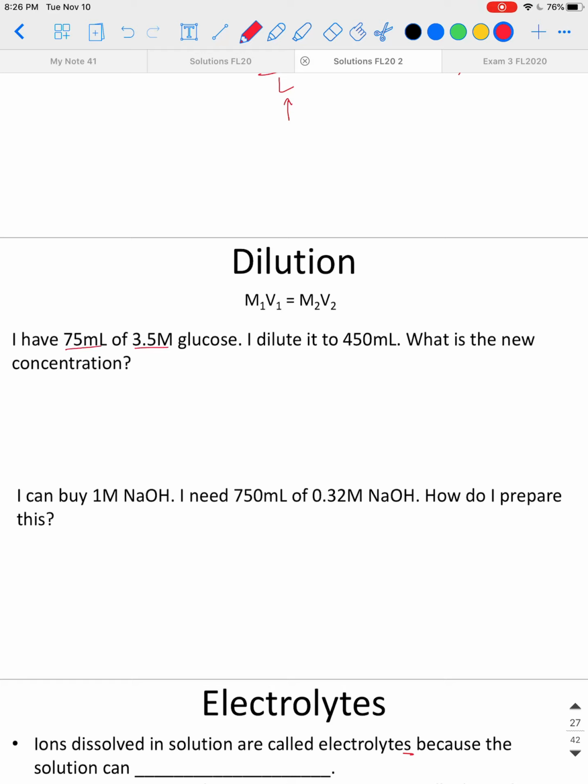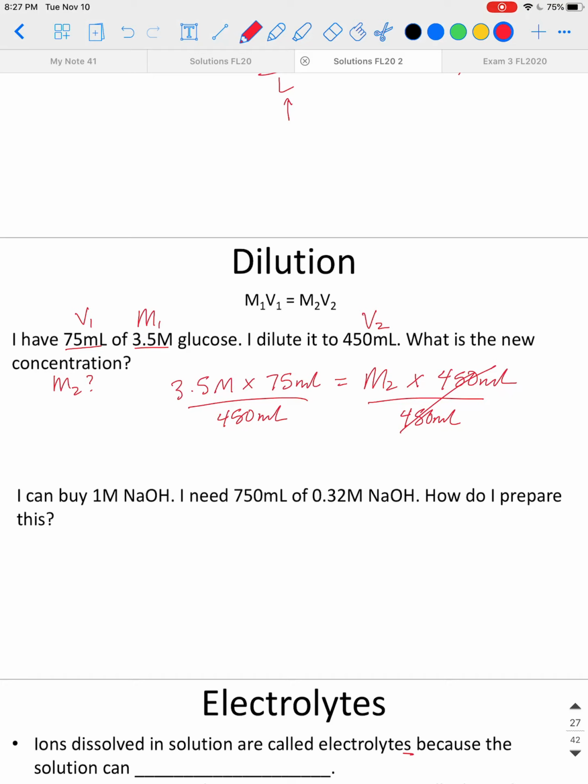So we're just going to plug these in. M1, 3.5 molar, times 75 milliliters, V1, equals M2, which we don't know, we're looking for it, times 450 milliliters. So to solve for M2, we are going to divide both sides by 450 milliliters. And that cancels out on the right side.